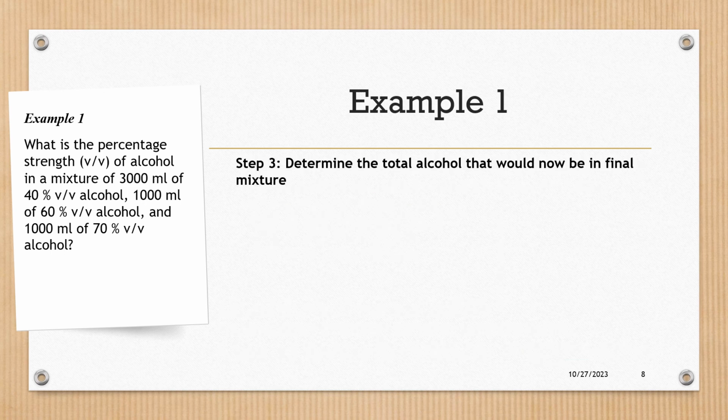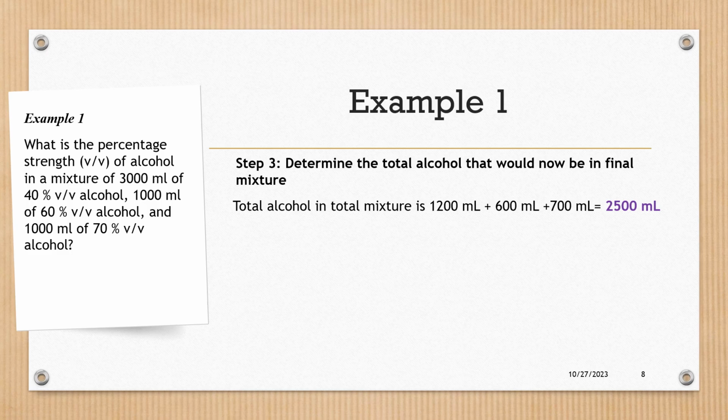Now the third thing that we will do is to determine the amount of alcohol that would be in the final mixture. In terms of the amount of pure alcohol in each mixture, we calculated that to be 1,200 mls for preparation 1, 600 for the second one, and 700 for the third preparation. That total is 2,500. Now recall our definition of concentration: we're looking at the amount of active substance per final volume or total volume of mixture.